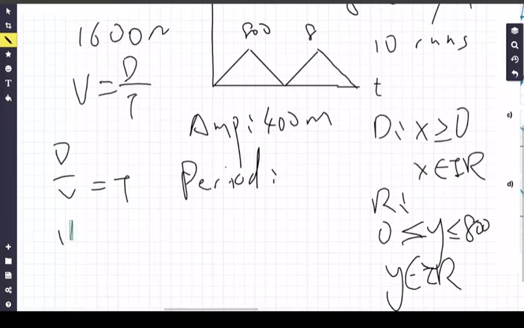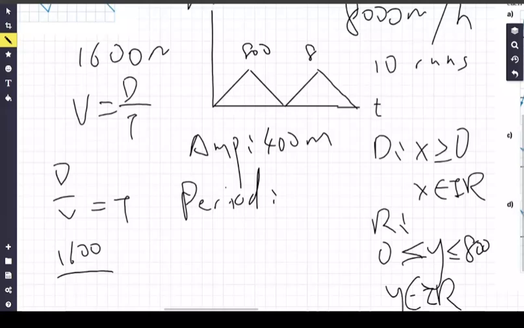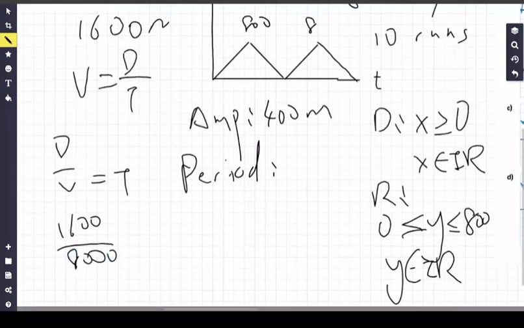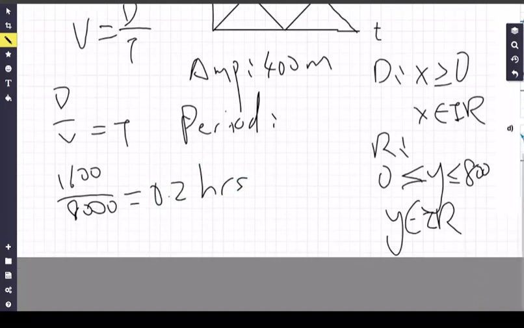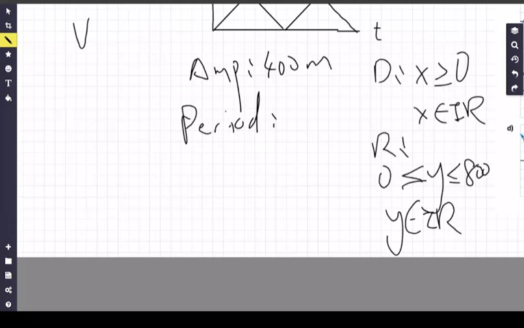The distance that we want to know is 1600, and his velocity is 8,000 per hour, right? So we do 1,600 divided by 8,000. It's going to give you 0.2 hours. We're going to times that by 60 minutes, because we want to know how many minutes that is. So 60 times 0.2 is going to be 12 minutes. So we can write for our period 12 min.